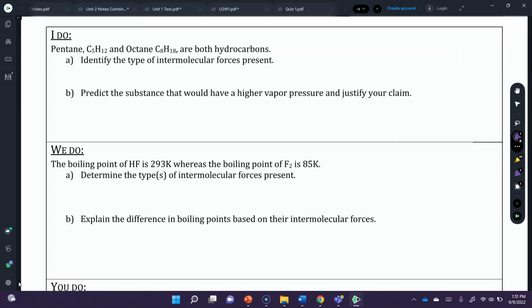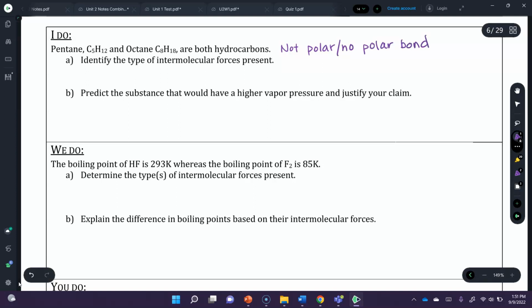Okay, so pentane and octane are both hydrocarbons. When we look at these, we could draw them out, but in general, these are not polar because the CH bond is not a polar bond, and so they have no polar bonds. If you were to draw them out, you would see that they are very symmetrical.